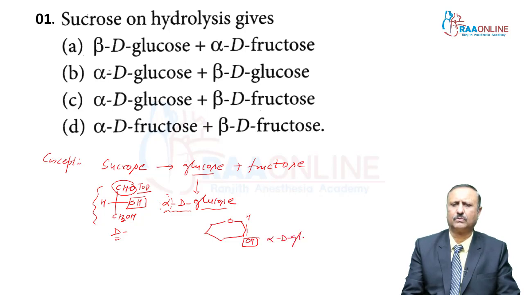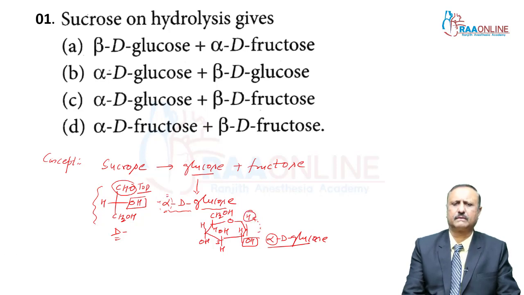So alpha D glucose is the structure of this compound. Here these are the carbon atoms, and on the third carbon atom OH is present on the inner side, and the other H and OH are present above and below the line, and the CH2OH group is present here. This is the structure of glucose, and when the position of the OH group is on the bottom side, it is called alpha, and when this OH group is on the upper side, then it is called beta.